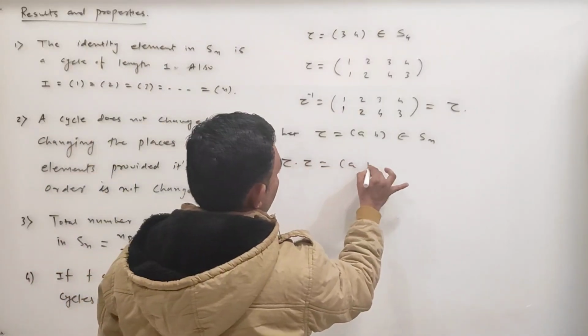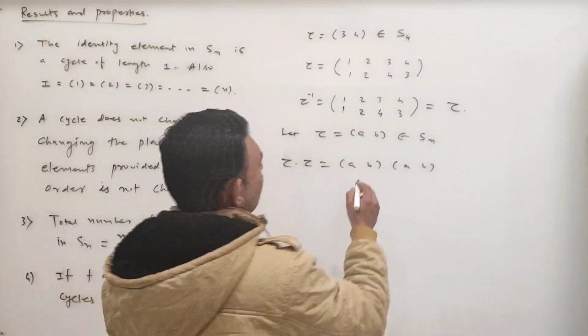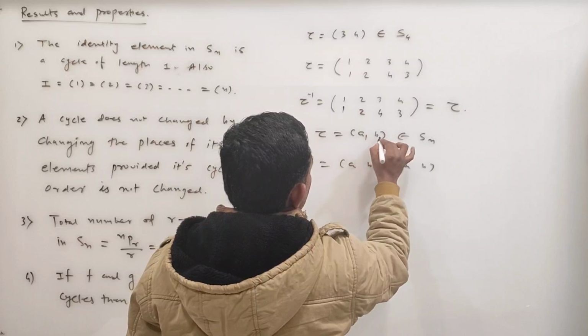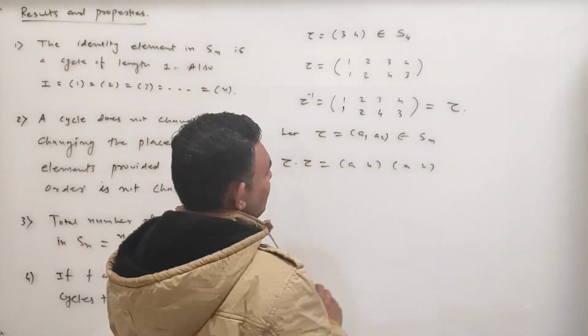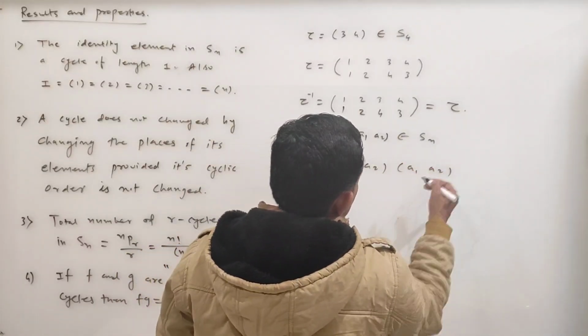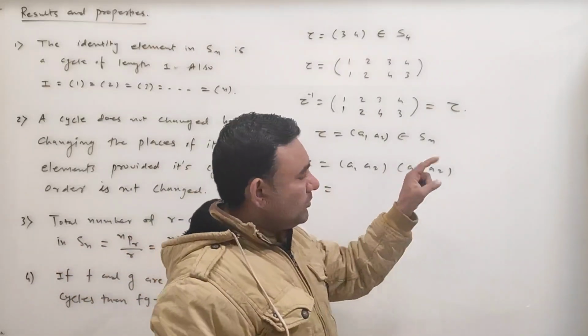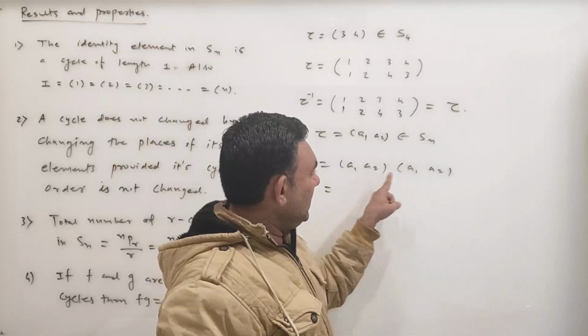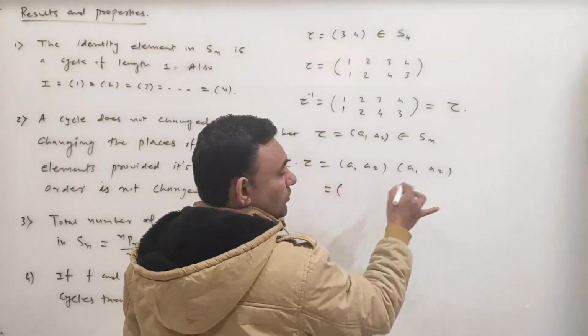So that is (a1 a2)(a1 a2). Any objects in Sn. So it is (a1 a2), (a1 a2). तो देखो यहाँ पे a3, a4 up to an are invariant. Here also invariant. So you just find out the product.